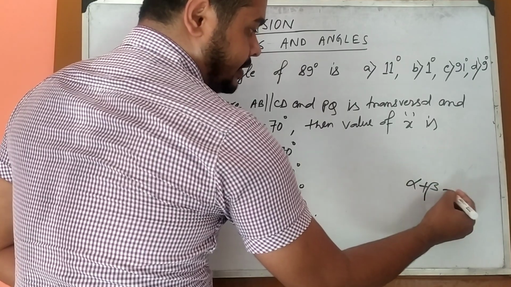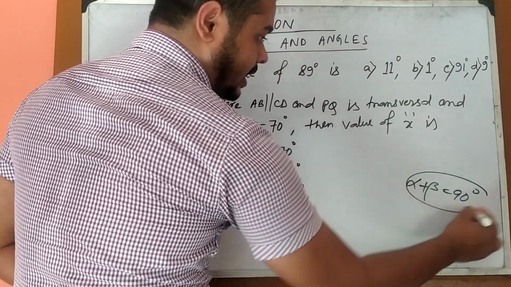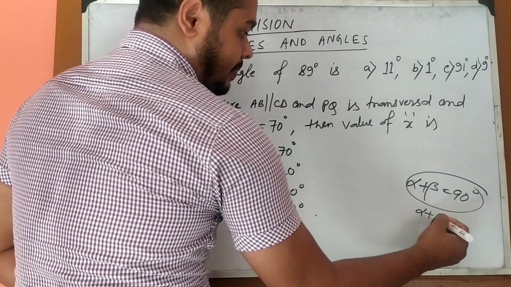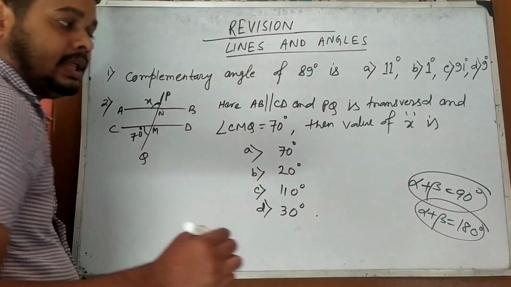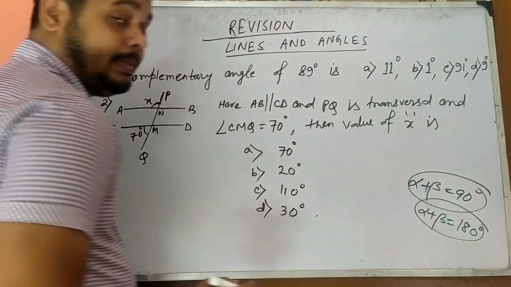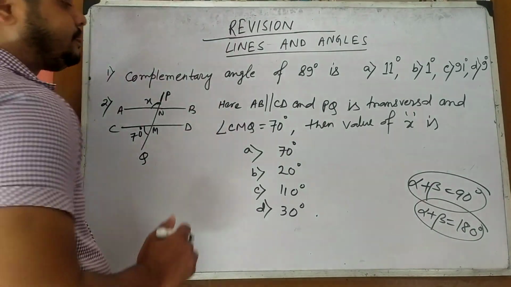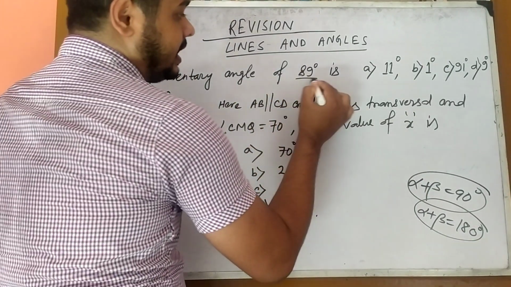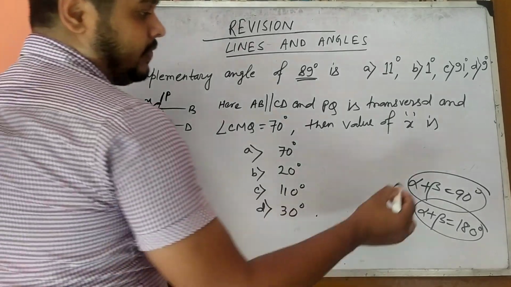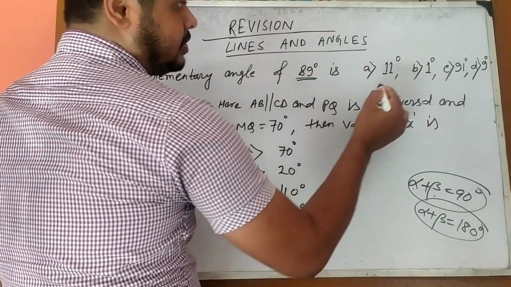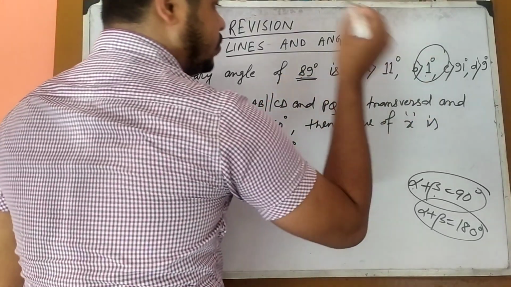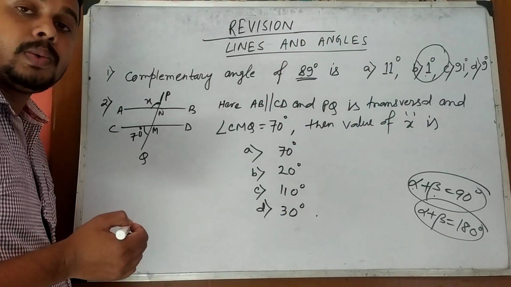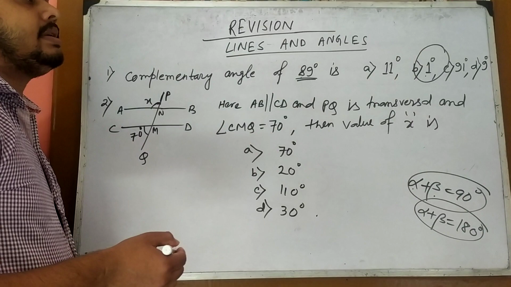Alpha plus beta equals 90 degree, that means they are complementary. If alpha plus beta equals 180 degree, for two angles alpha and beta, that time they are supplementary to each other. So the complementary of 89 degree, if alpha is 89, then beta is obviously 1 degree, because 89 plus 1 equals 90 degree.